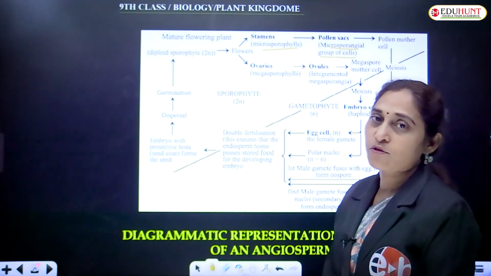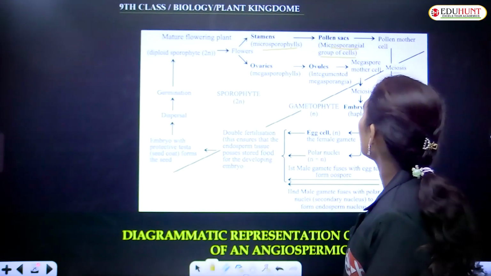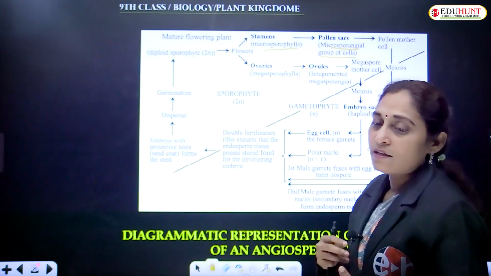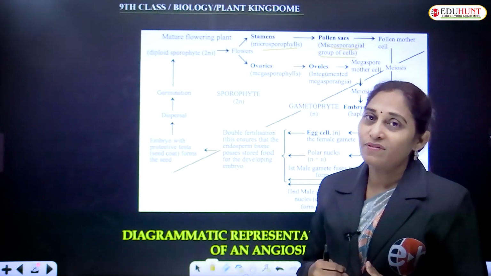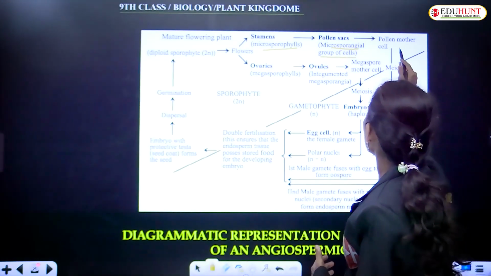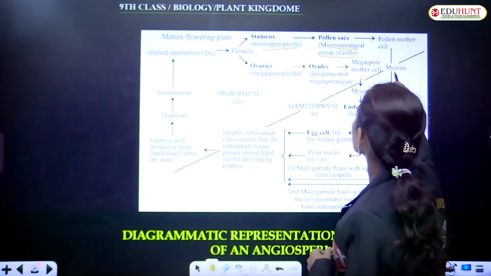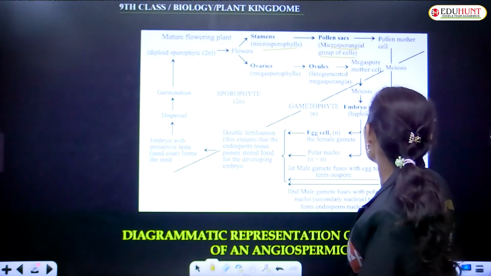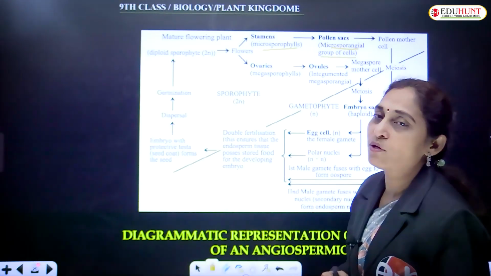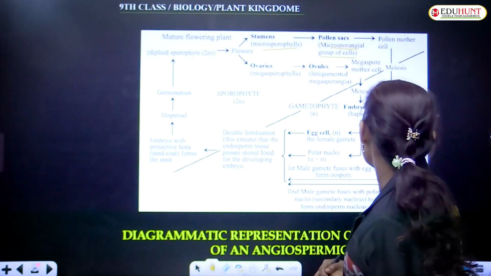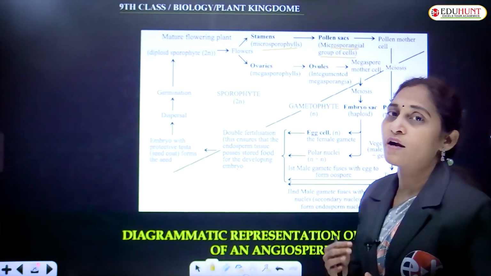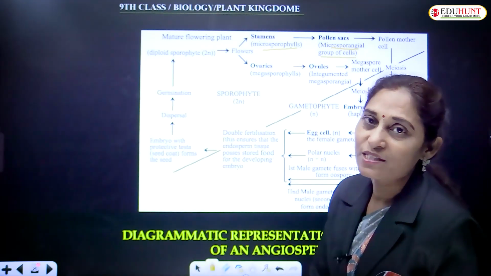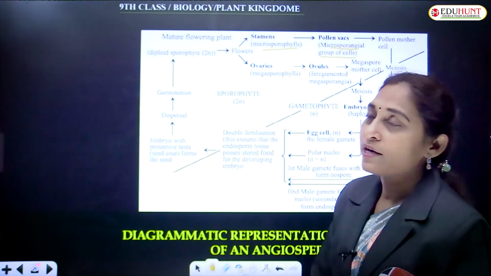After development, they form the pollen mother cell, which undergoes meiosis to produce haploid pollen grains. These pollen grains have a vegetative nucleus and a generative nucleus, which on further division give rise to two male gametes, which are also haploid.